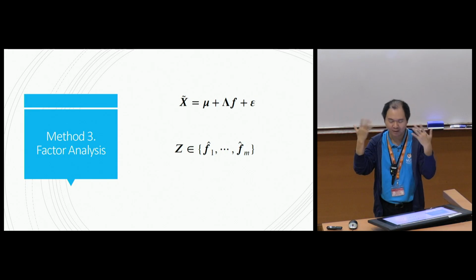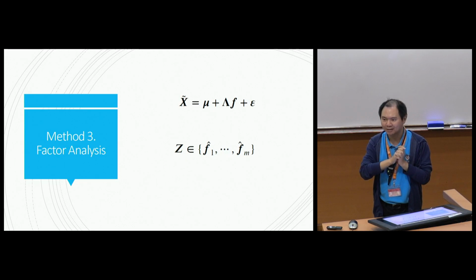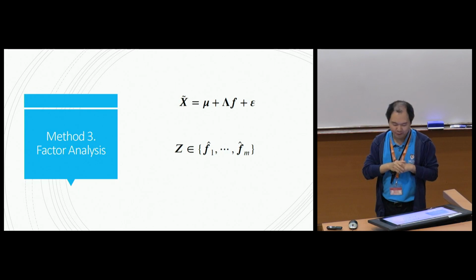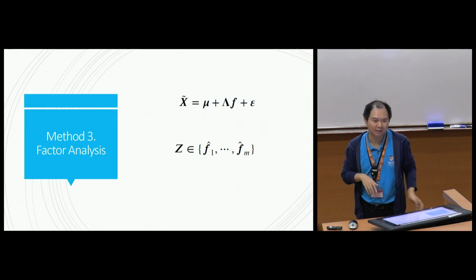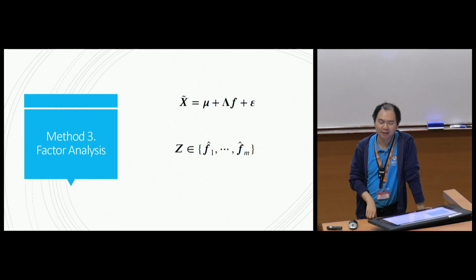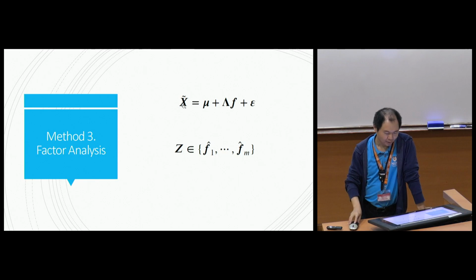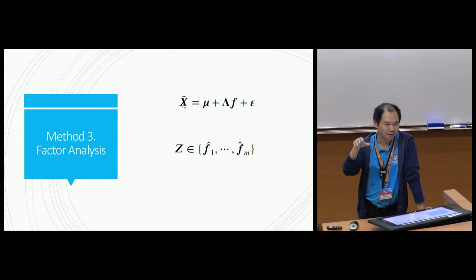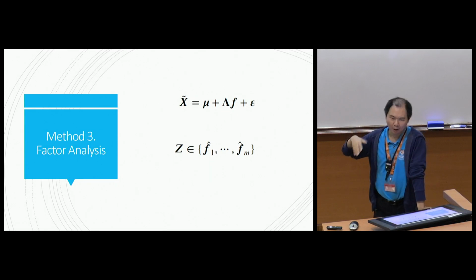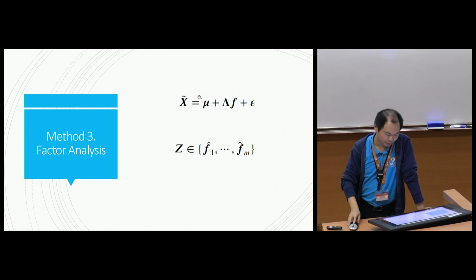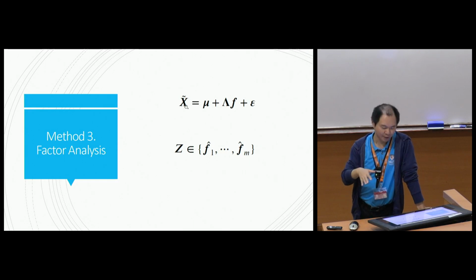When we think about multivariate analysis, we realize there is a very classical approach called factor analysis. This factor analysis basically operates on the design matrix X. For this design matrix X, you can do this kind of multivariate orthogonal decomposition, and you can decompose the original X variable into many factors.